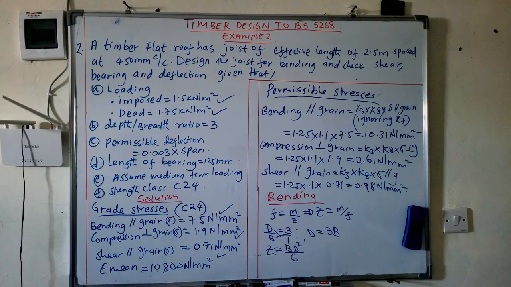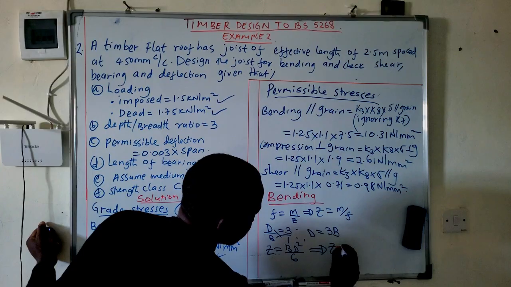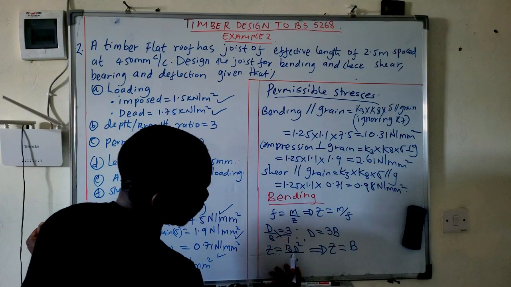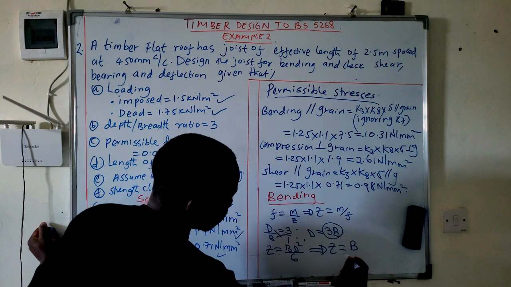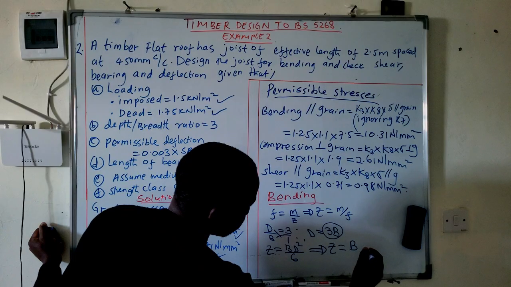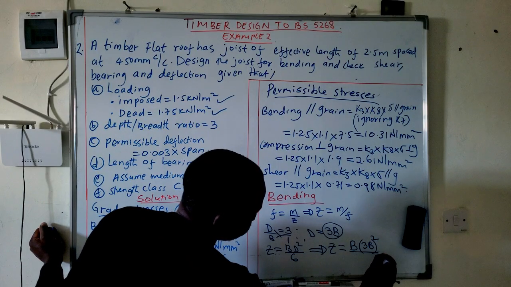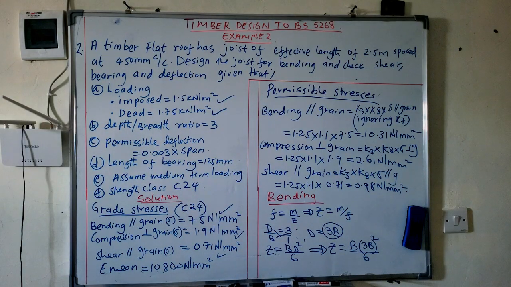Which implies Z is equal to B, replace this D by this value. So Z is equal to B times 3B squared over 6, like that.